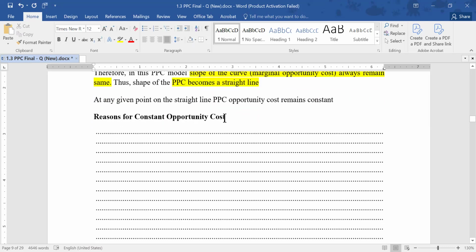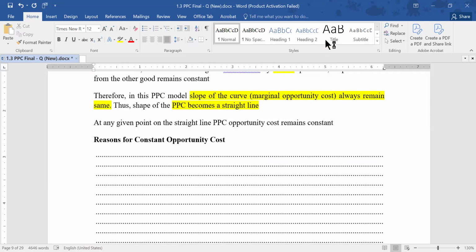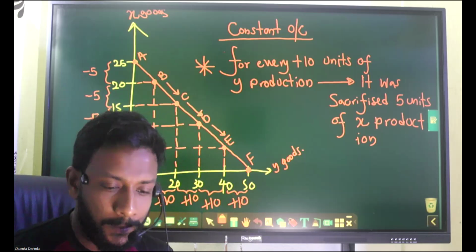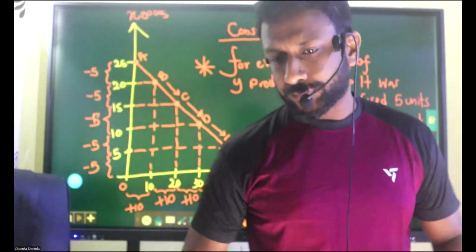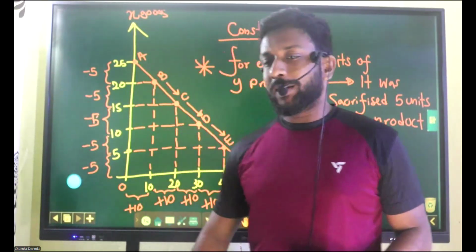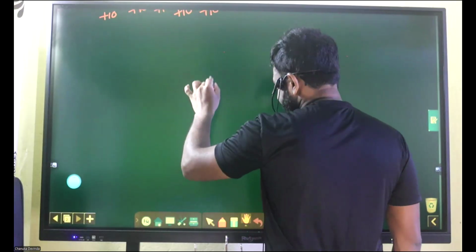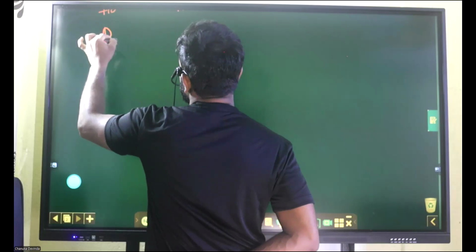Then reasons for constant opportunity cost. What are the reasons? Actually, there are three reasons. You can write down by looking at the board, right? Here, what are the reasons? Reasons for constant opportunity cost.